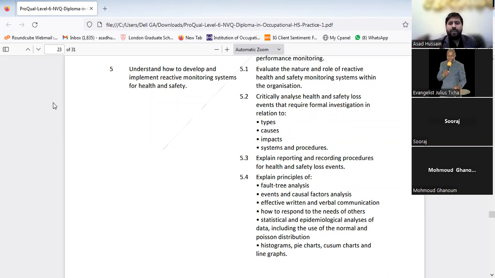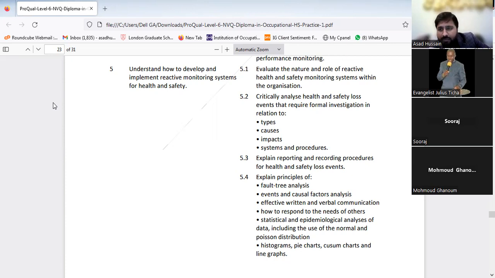In 5.4, it is asking to explain principles of fault tree analysis, event and causal factor analysis, effective written and verbal communication, how to respond to the needs of others, and statistical and epidemiological analysis of data, including the use of the normal and Poisson distribution, histograms, pie charts, custom charts, and line graphs.